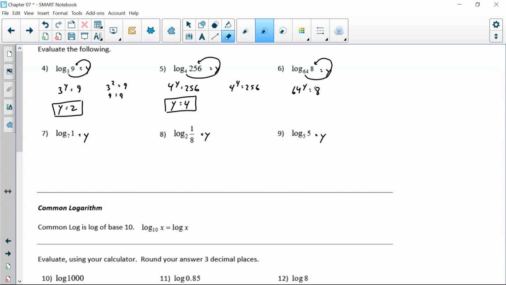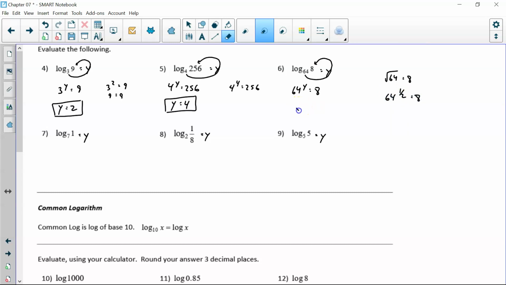Now when we're going from a bigger number to a smaller whole number, we want to think root. What root of 64 equals 8? Well, the square root of 64 equals 8. Square root is the same as raising to the 1/2 power.